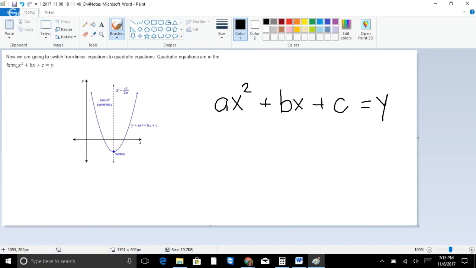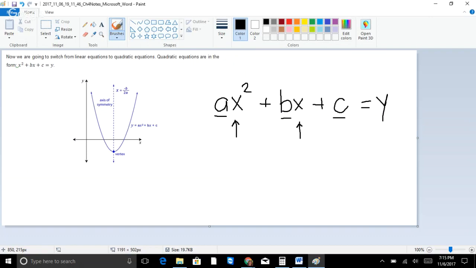Okay, and this is when a, b, and c just represent numbers, right? Generally, we'd like them to be whole numbers, but they just represent numbers. Really, our variables are our x squared and our x, and then we have our constant c down there.